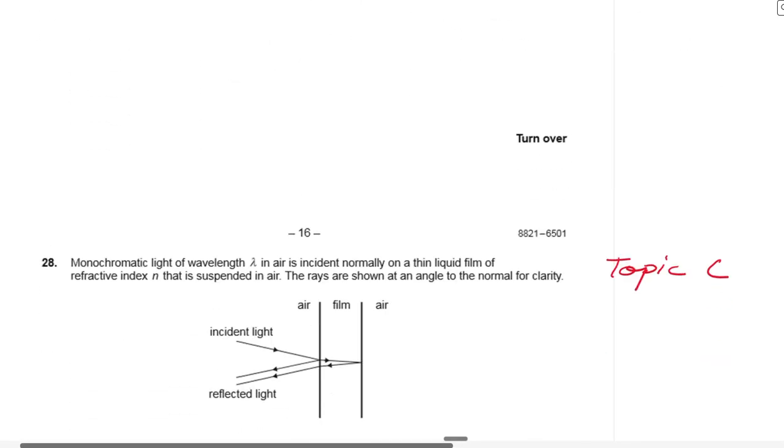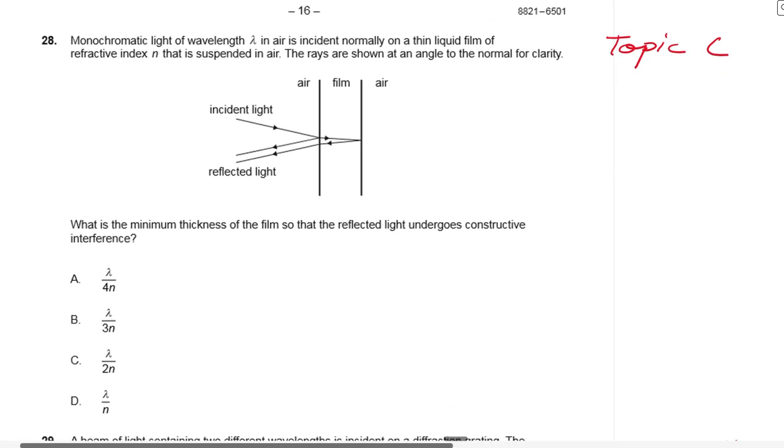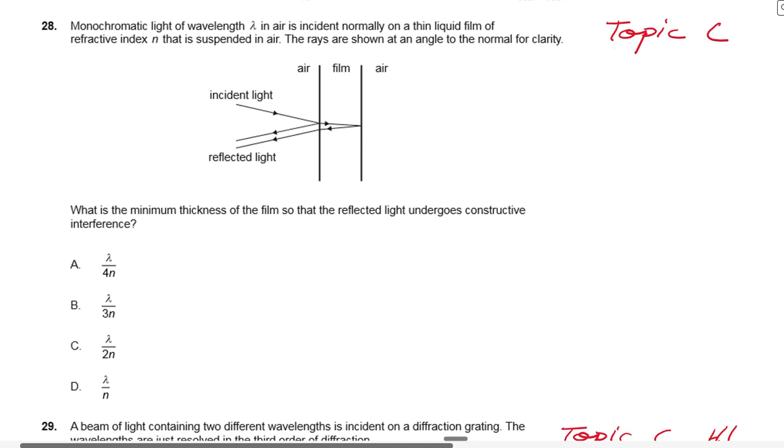And on to 28. We have monochromatic light of wavelength lambda in air incident normally on a thin liquid film of refractive index n suspended in air. The rays are shown at an angle to the normal for clarity. What is the minimum thickness of the film so that the reflected light undergoes constructive interference?